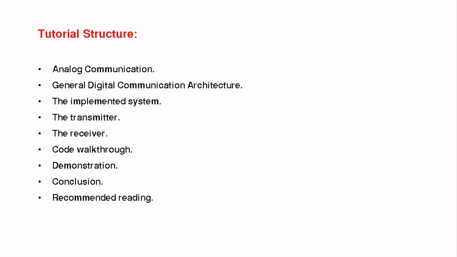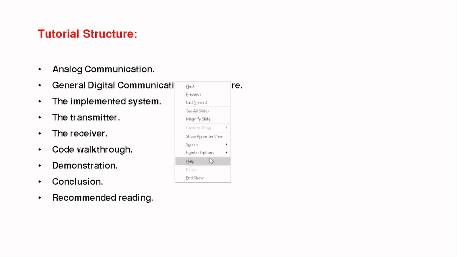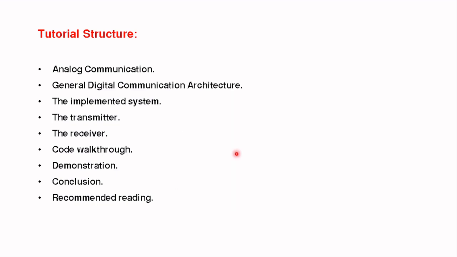Then we will see the receiver parts and the processing that happens in the receiver. Then we'll have a look at the code and its structure. Then I will show you a demonstration on how to transmit the signal wirelessly and record it on MATLAB. Then the conclusion, and finally recommended introductory reading related to the subject.